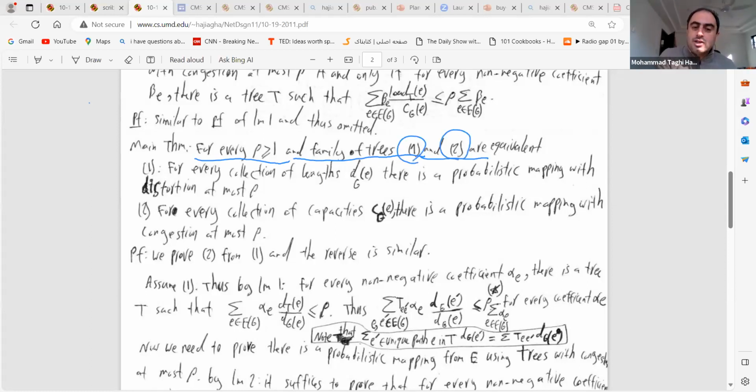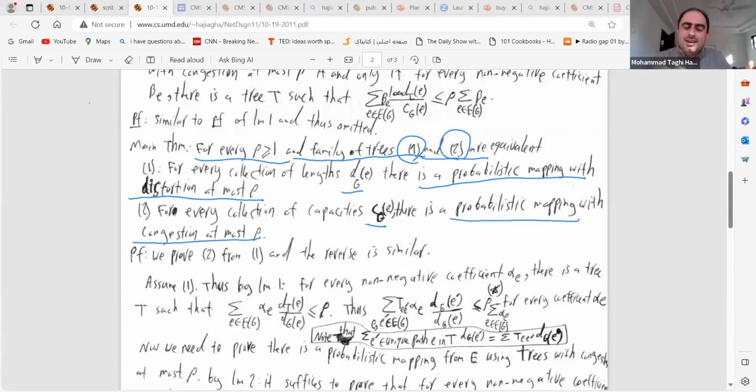For every collection of lengths d_e, these are the distances, there is a probabilistic mapping with distortion at most rho. And for every collection of capacities c_e, there is a probabilistic mapping with congestion at most rho. So essentially this says that we have this kind of duality between these things.